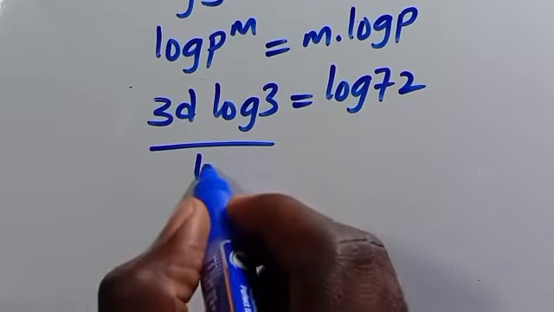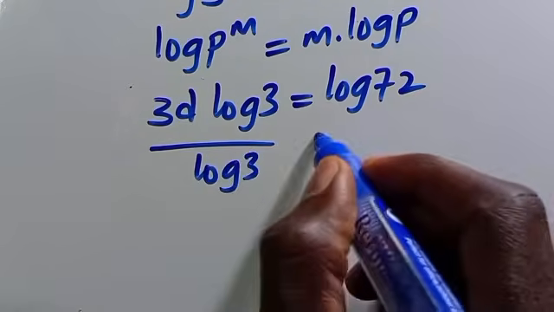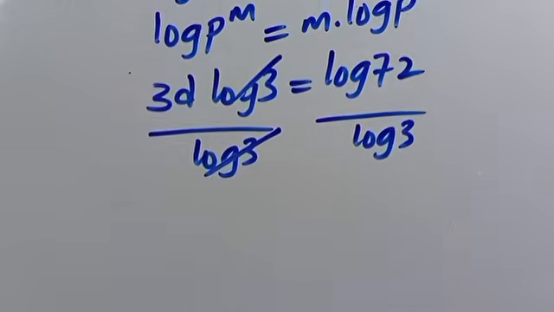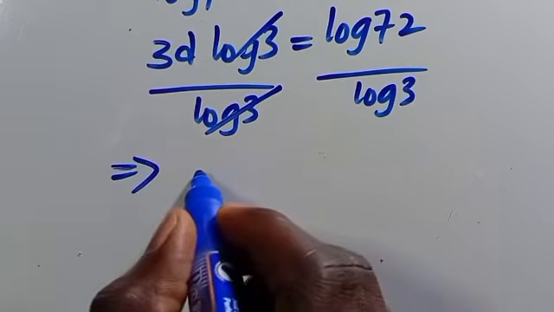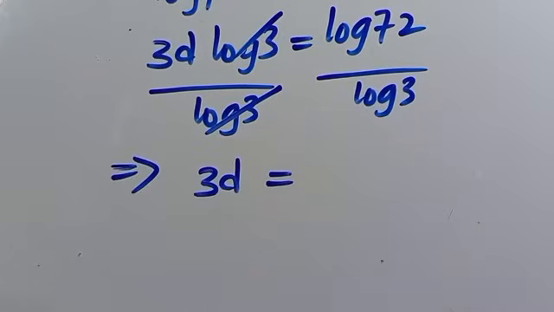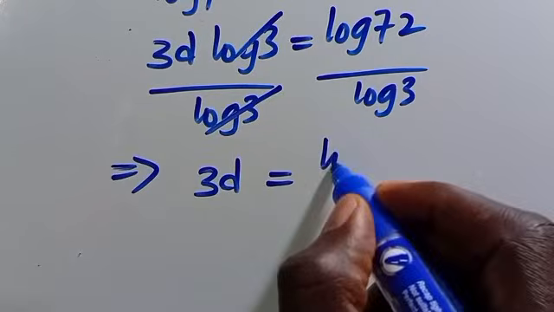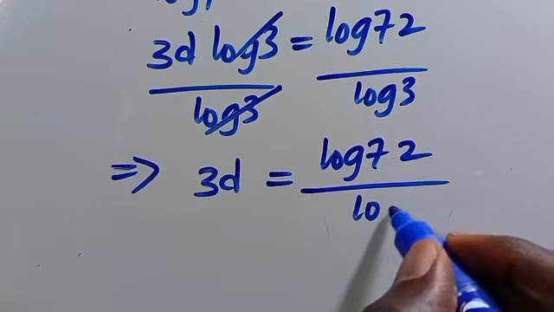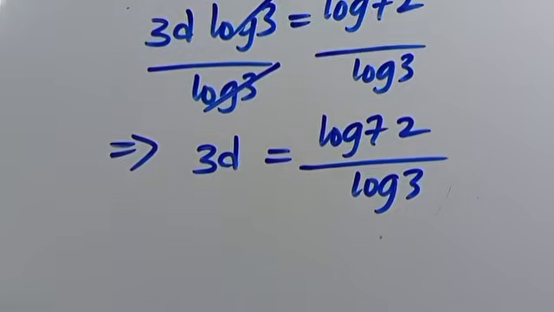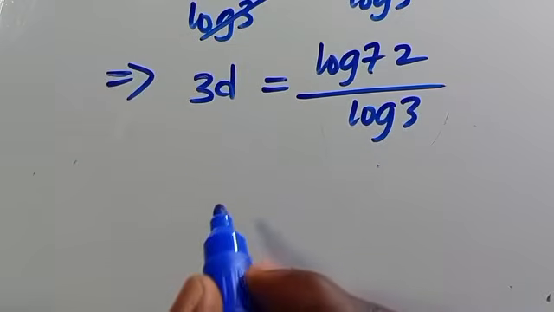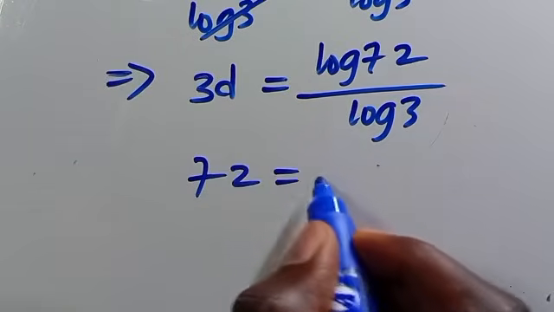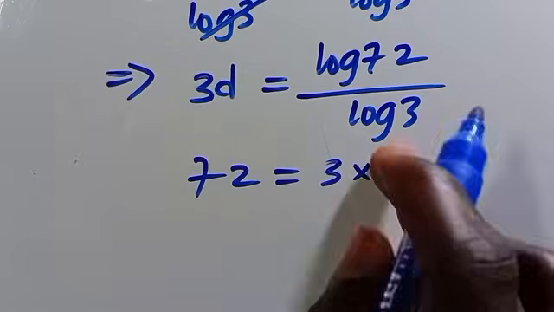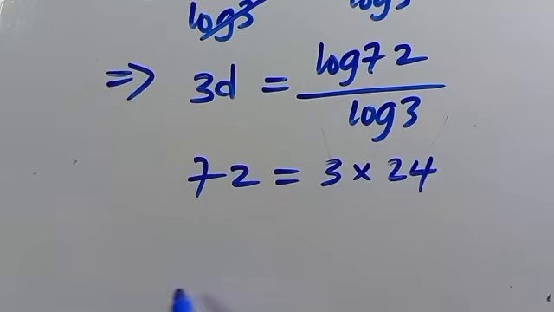So dividing through by log 3, this will cancel this. So we are going to have 3d equals log 72 over log 3. So from here, let us recall that we can have 72 as the product of 3 times 24.